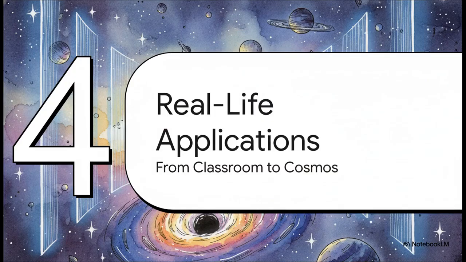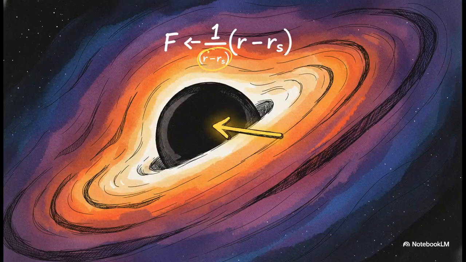So I know what you might be thinking. This is cool, but it's just math for a test. But what if I told you that these invisible walls, these vertical asymptotes, actually show up in one of the most mind-blowing, most extreme places in the entire universe? No, I'm serious. In physics, when you look at the equations that describe the insane gravitational force near a black hole, you find a vertical asymptote.